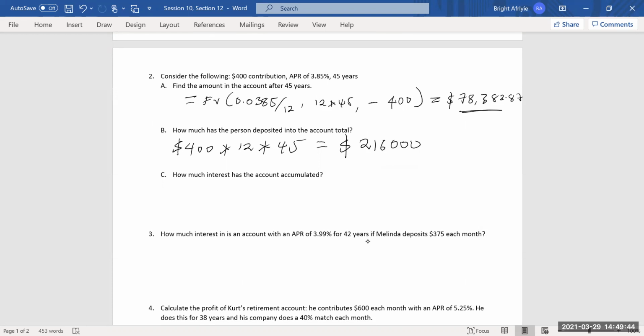Now you want to look at the interest that has accrued on that money. So you're going to do the balance at the end of the 45 years minus the total contribution. 578,382.87 minus 216,000, and that is 362,382.87.